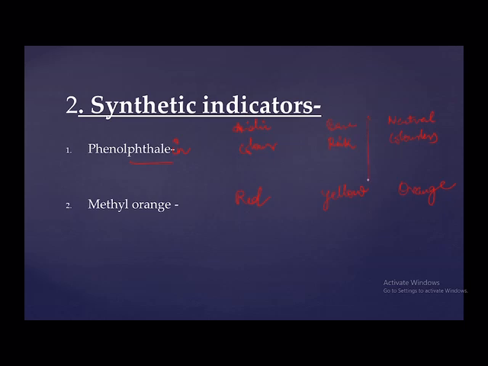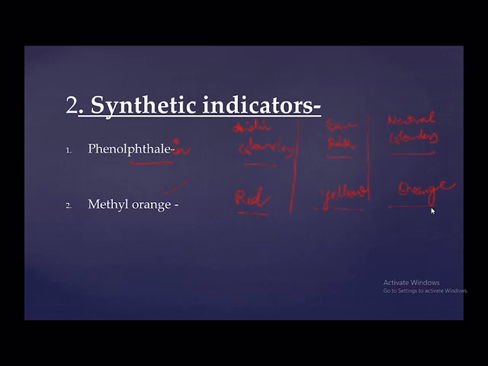In this way we can distinguish based upon color. So phenolphthalein is colorless in acidic, pink in base, colorless again in neutral. In case of methyl orange, red in acidic, yellow in base, and orange in the neutral state.